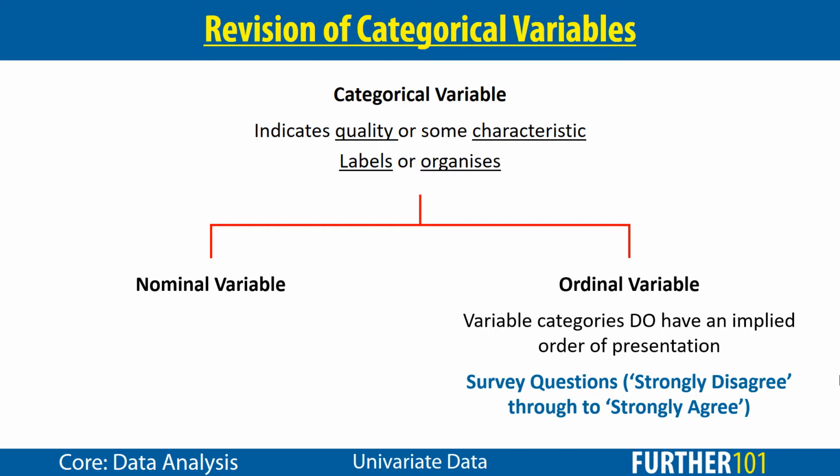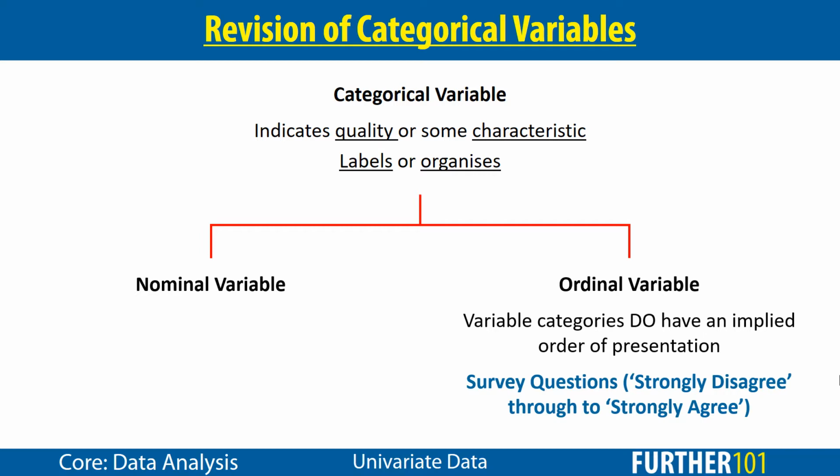Notice how it always seems logical to present strongly disagree first and strongly agree last, or vice versa, with the other answers ordered correctly in between. The data should be presented in this order to make analysis easier and clearer.